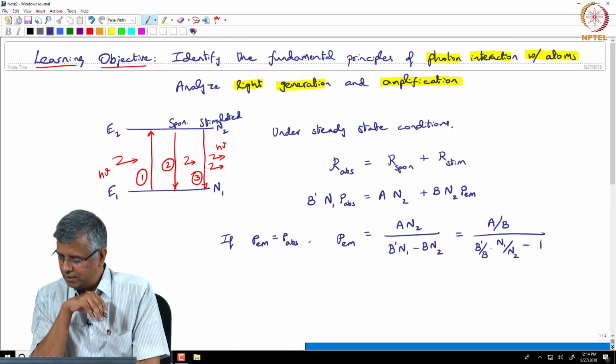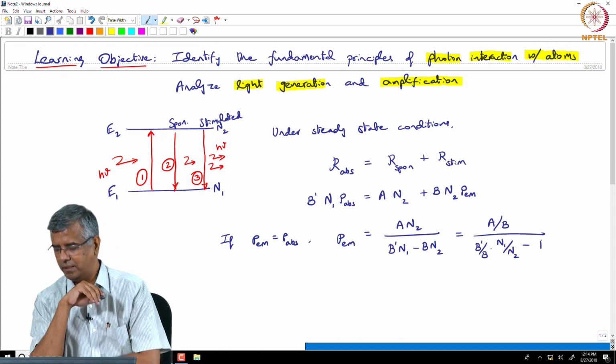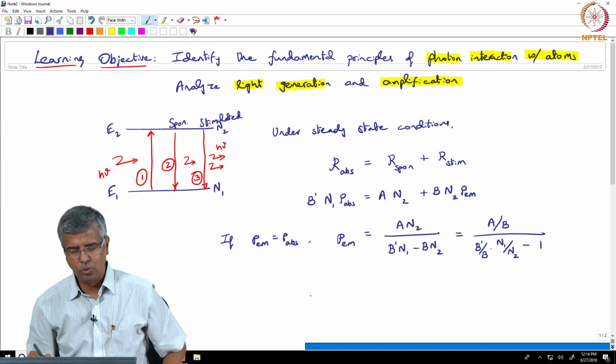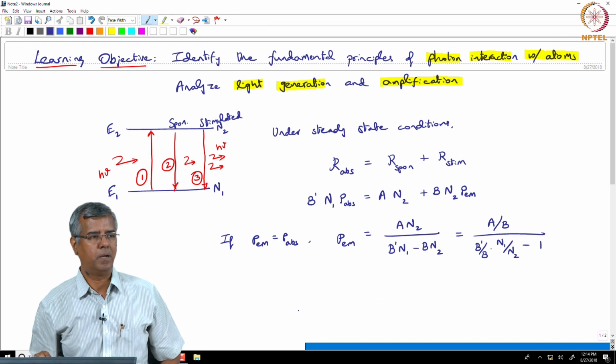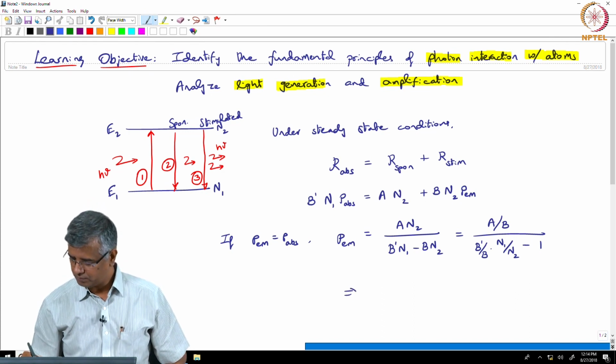To his credit, he recognized that this looks very similar to what Planck had observed for a blackbody radiation. So, he said this is similar.